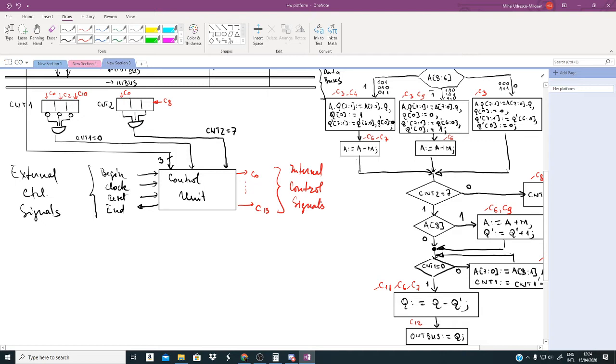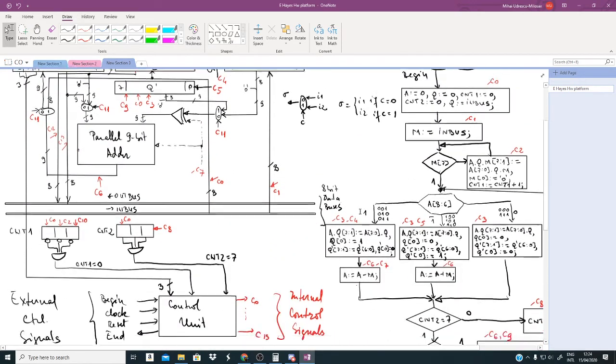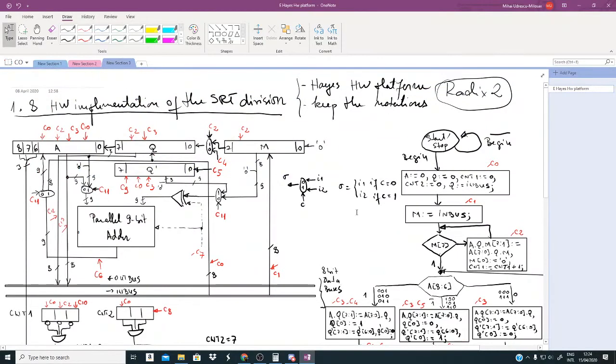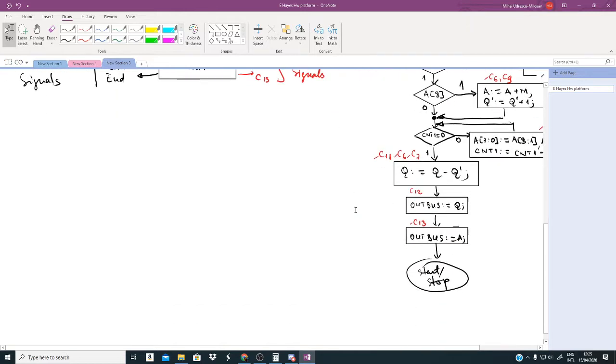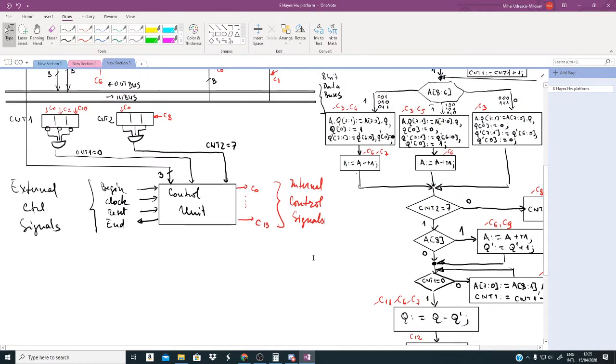Okay, so this is it for our discussion about how to implement this device. Of course, if you want to design the control unit, you can use all your knowledge from the digital logic and computer architecture classes. So I don't think that I should put more pressure on you on this side, because you should already know about these things.